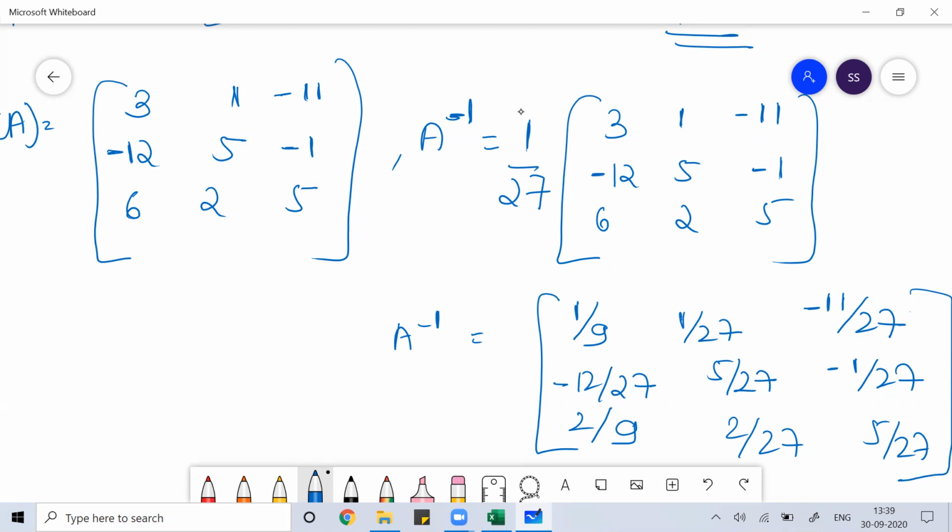Clear, everyone? Anyone have any doubt? Very good, Ankit.